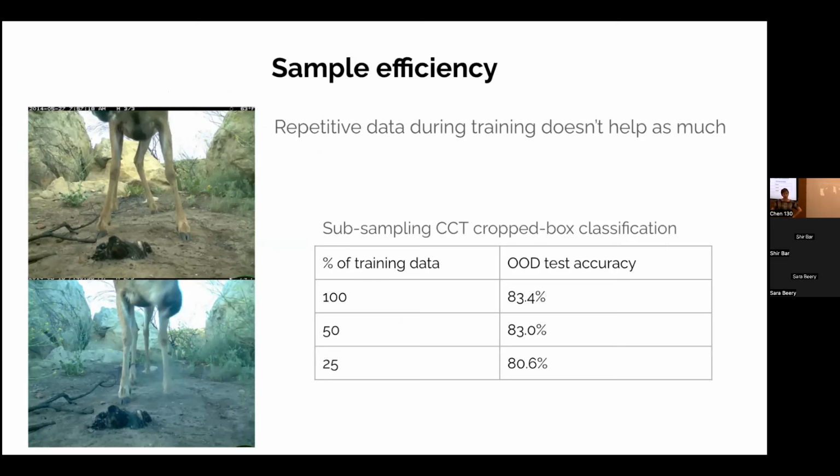When you're constructing these prototype data sets, it turns out that stuff like this is maybe a weird thing if you're training on one and testing on the other. This second image doesn't provide as much value. They're so similar that the model's not actually learning very much from it, versus if you had another image of a deer that was in a very different pose, or at a different location, or during the nighttime.